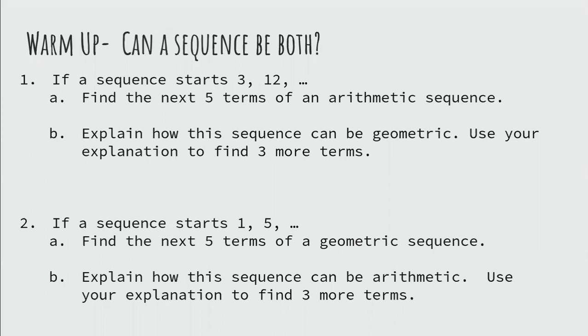And then explain how it could be made geometric and find 3 terms that way. And then, of course, 2 is the opposite. You're given a sequence, find the next 5 if it's a geometric sequence, and then how could it be an arithmetic sequence, and find 3 terms.